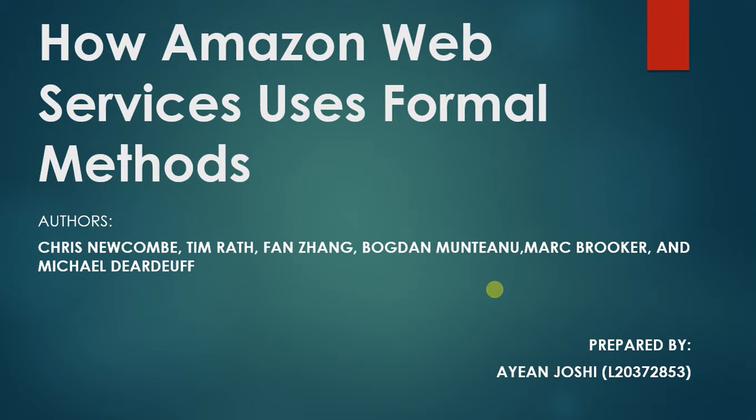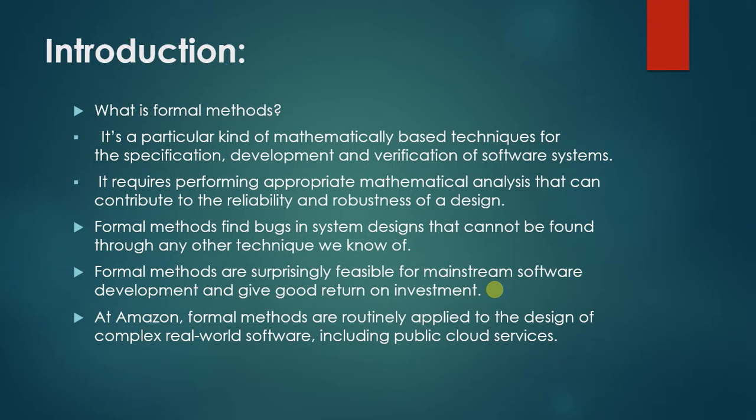Now let's continue. Introduction. What is formal method? Formal method is a particular kind of mathematically based technique for the specification, development, and verification of software systems. It requires performing appropriate mathematical analysis that can contribute to the reliability and robustness of a design.